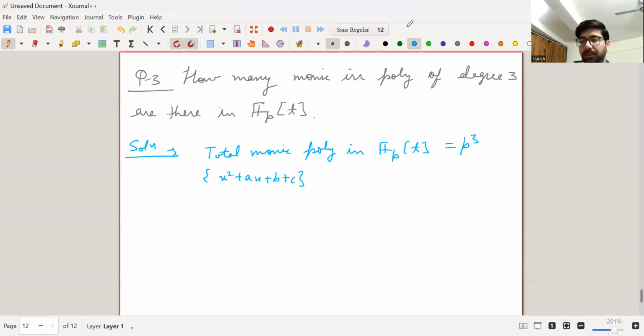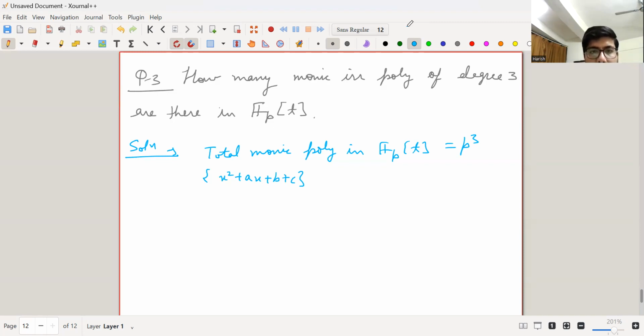Then by the same trick we will first calculate the reducible polynomials, and then subtract from the total number of polynomials.